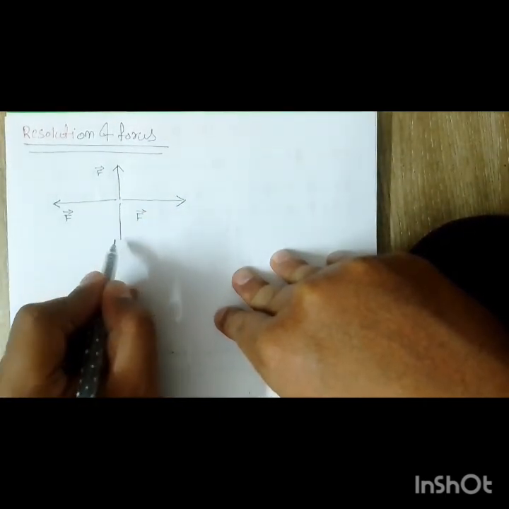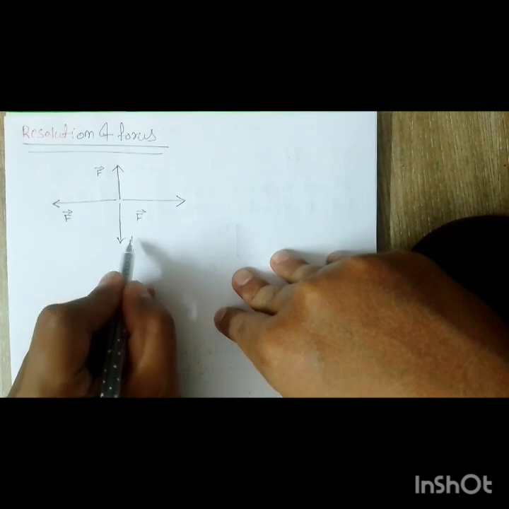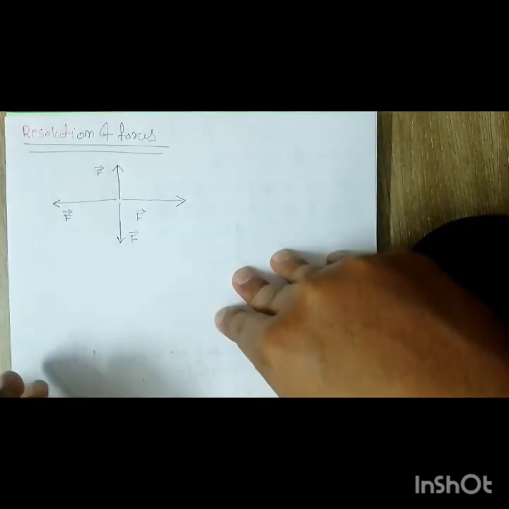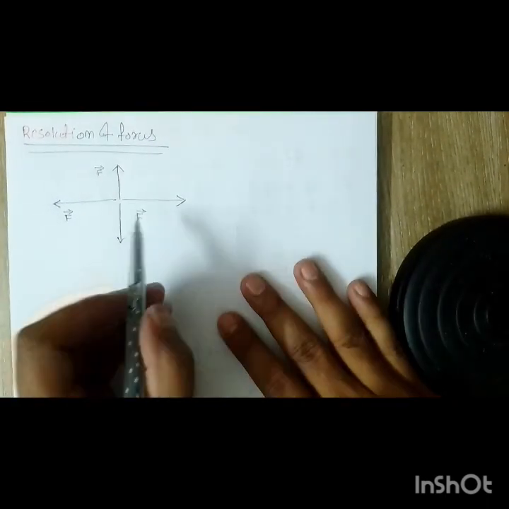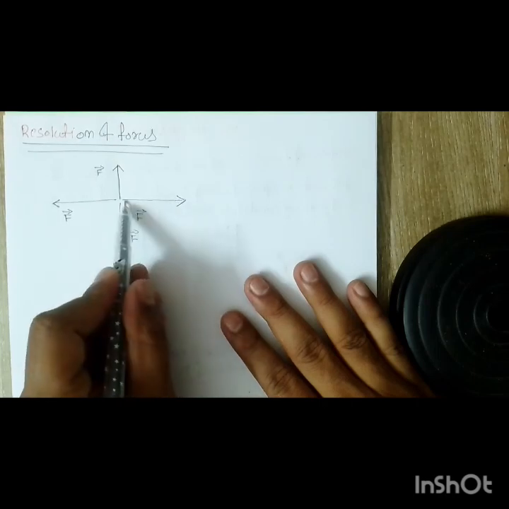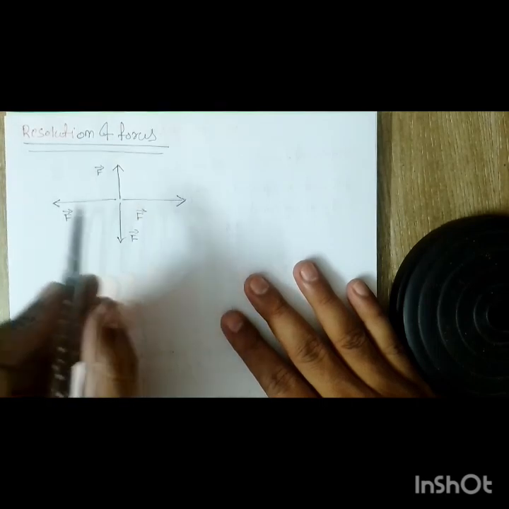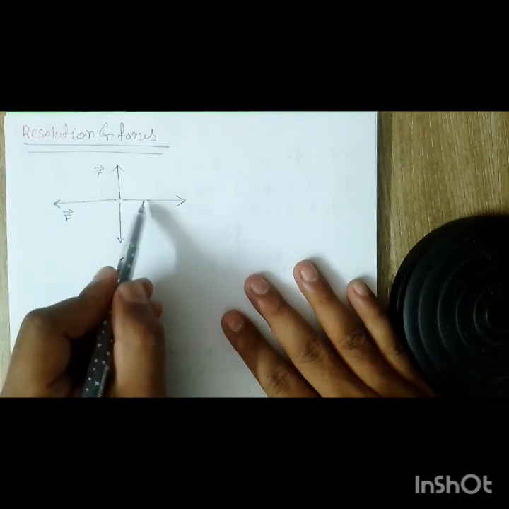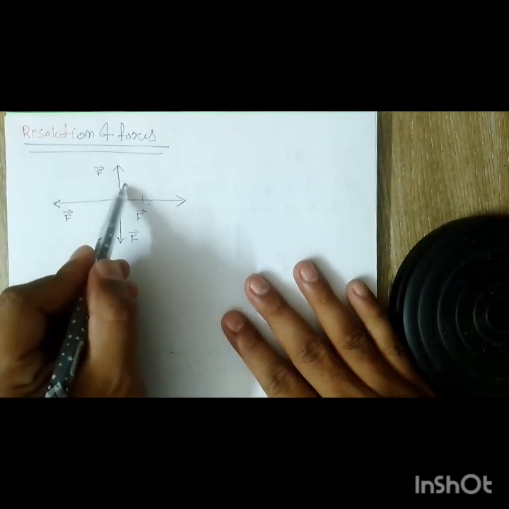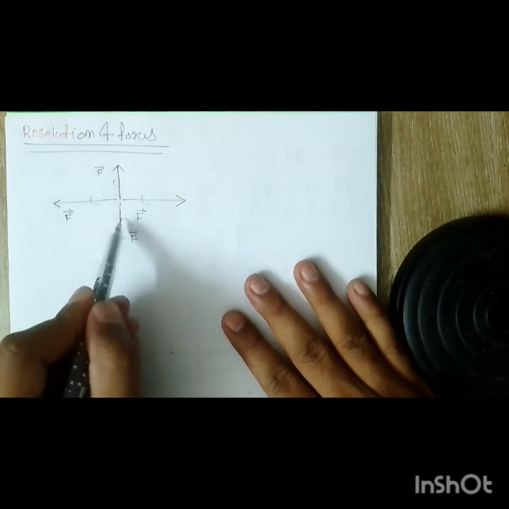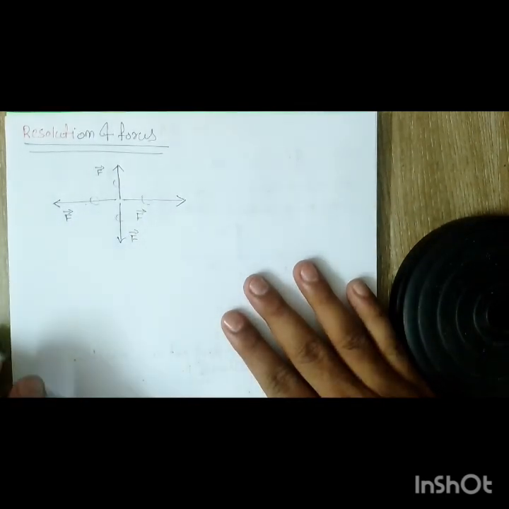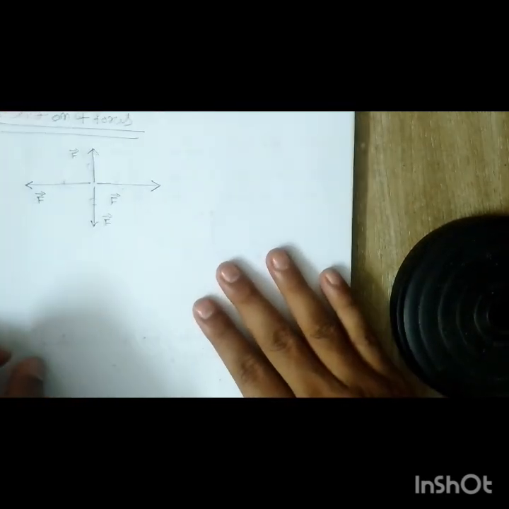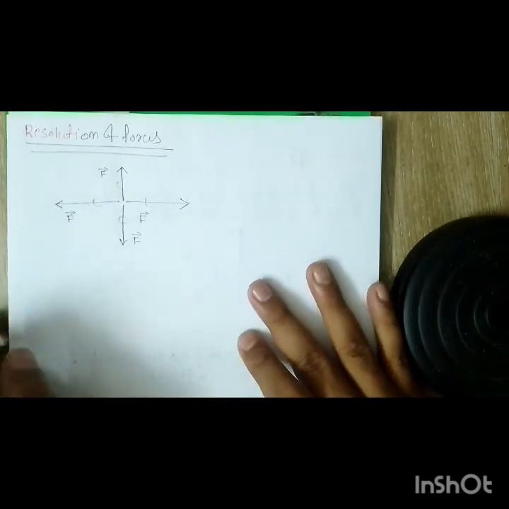And if the force is like this, it will act vertically downward. It's very clear that these forces are pure horizontal or pure vertical, with no component on the other axis.